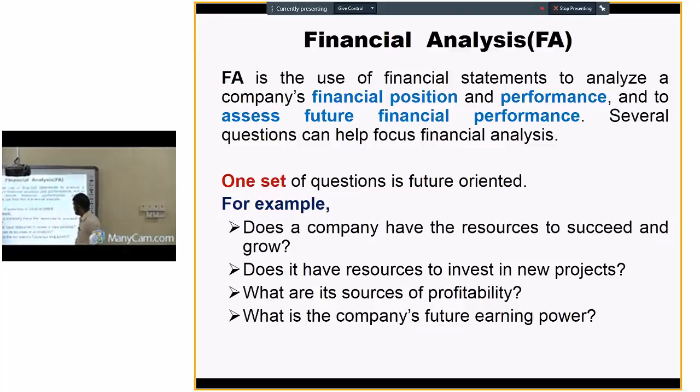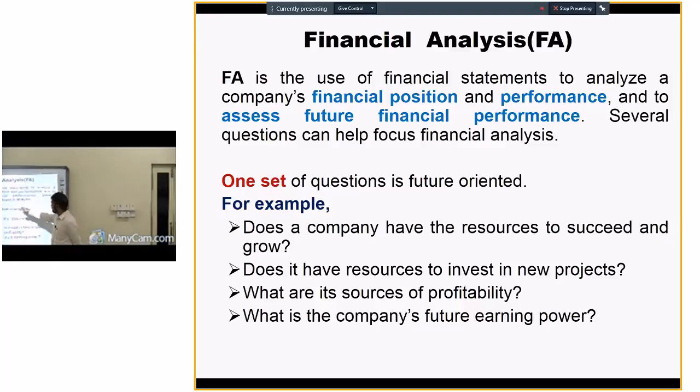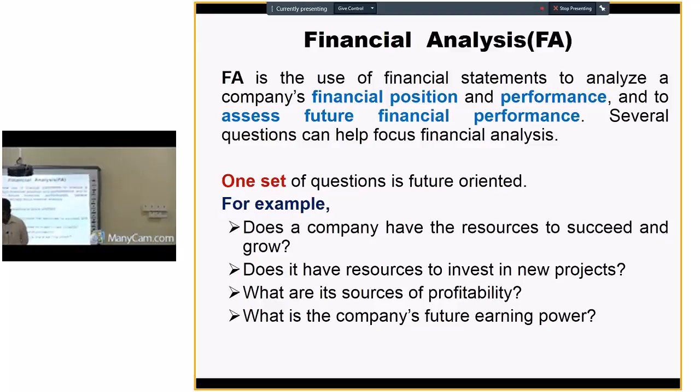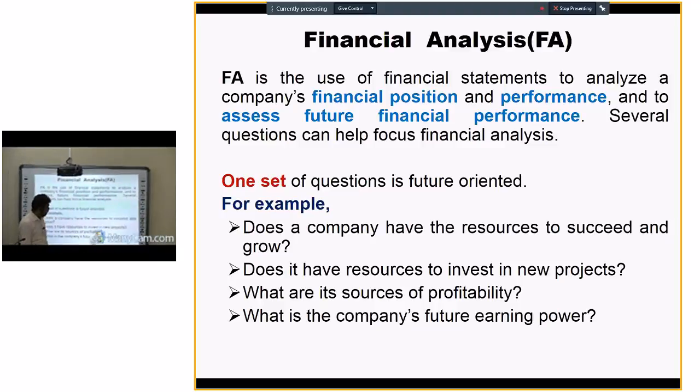Then again, what is the company's future? Again, we are considering the future conditions under the future oriented questions here. What is the company's future earning power? Here we can forecast it, right? That is under the future. We can provide answers for future situations by using this financial analysis.